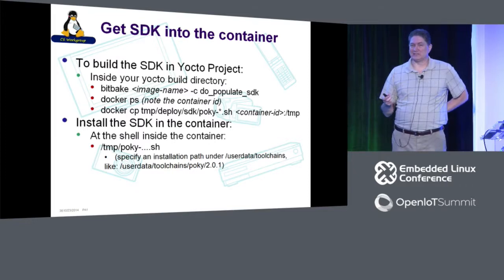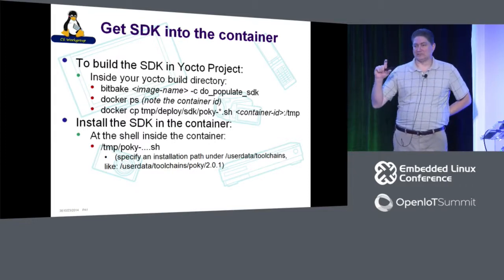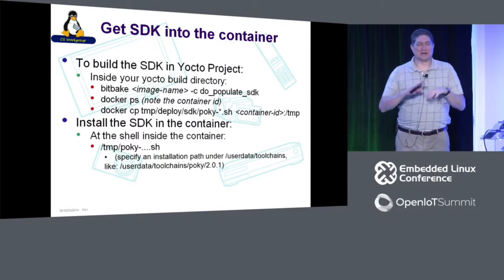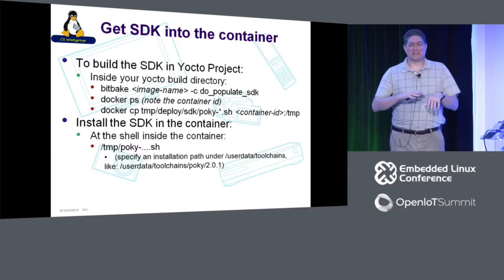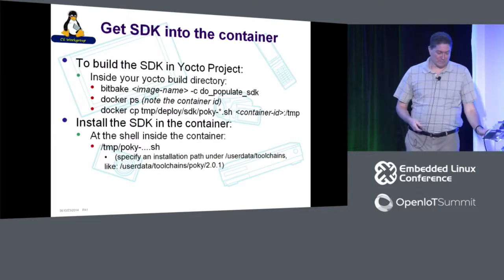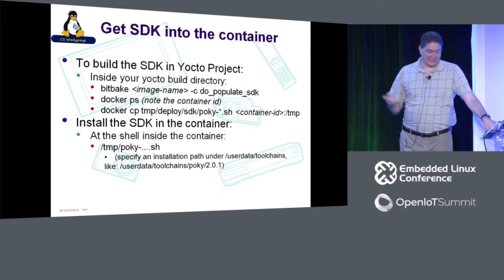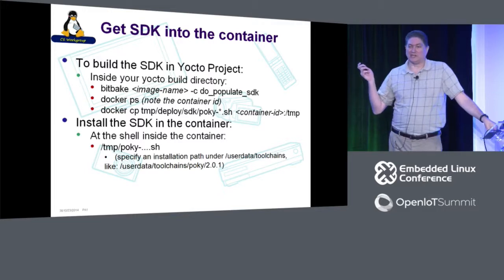The SDKs in Yocto show up under tmp/deploy/sdk, and they actually are a single shell file that has the entire SDK built into it, and it's self-extracting. So you just docker cp that into the container, and then inside the container, you just run that shell script.